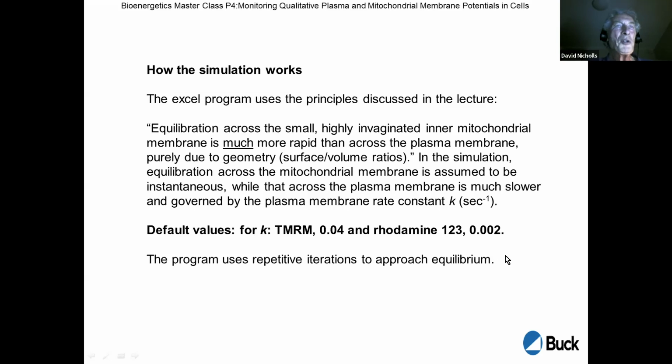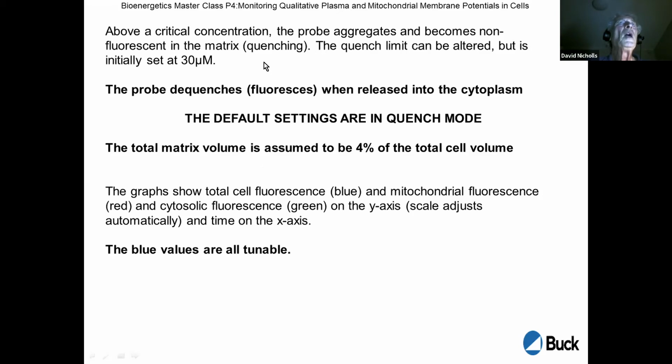And I'm not a computer expert. It's a very clunky program which uses repetitive iterations to approach equilibrium, but it works. So quench mode, we've set at 30 micromolar, and the probe fluoresces when it's released into the cytoplasm.